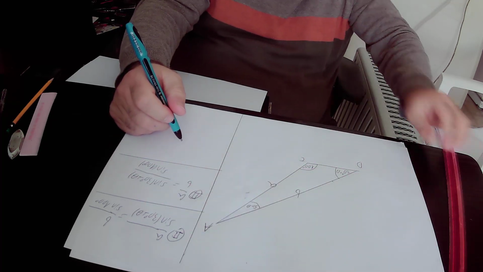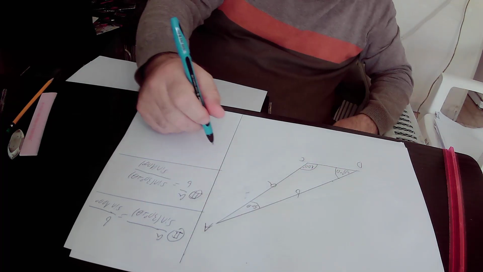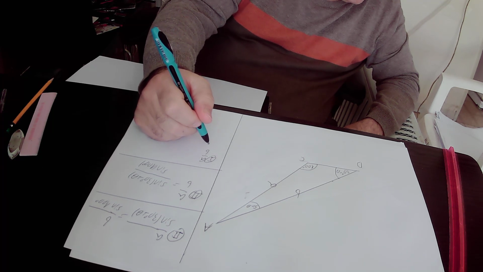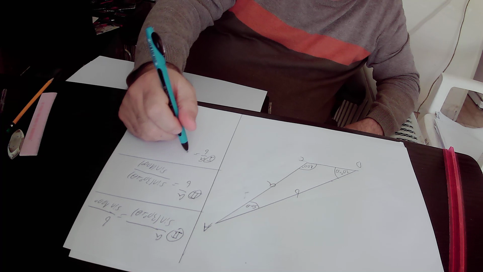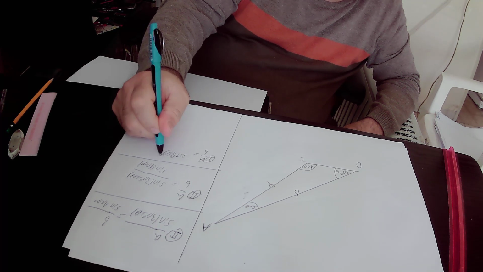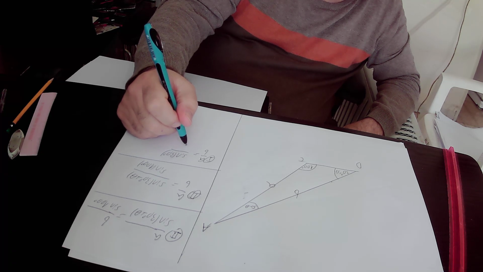But we have already found out that according to equation number 1, a over b equals sine 30 degrees over sine 50 degrees.